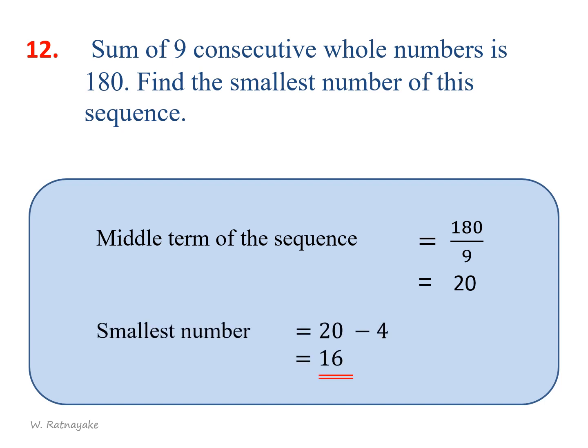And if you want to find the largest number, we can go upward from 20: 21, 22, 23, 24 is the largest number. So the solution must be like this. To find the middle term, we divide 180 by 9, that is 20. To find the smallest term, we subtract 4 from 20, it is 16.